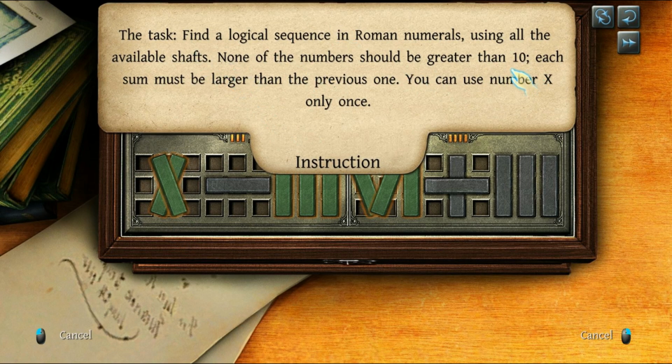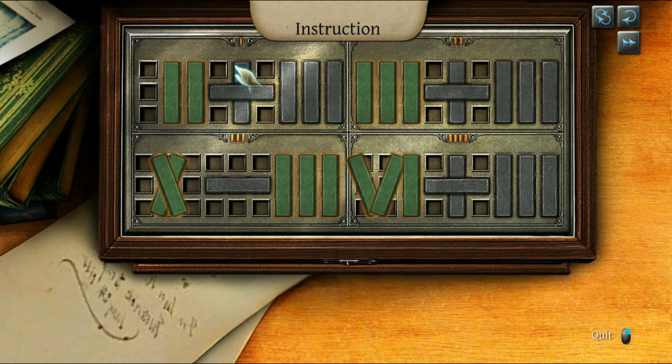None of the numbers should be greater than 10. None of them are. Each sum, you can only use the number X. You can use number X only once. Okay, each sum must be larger than the previous one, which they are. Because you can't actually put in a line, so you can't make another subtraction.